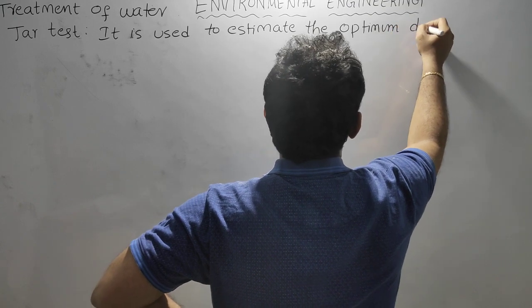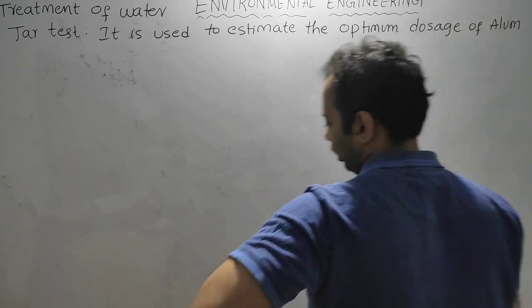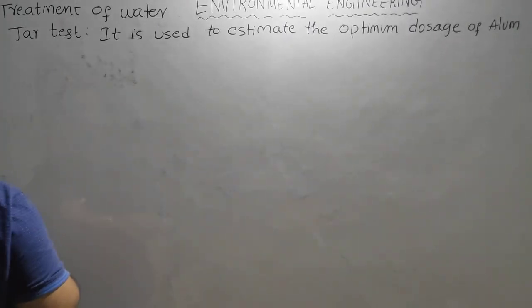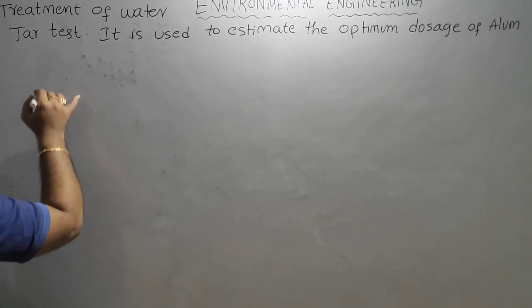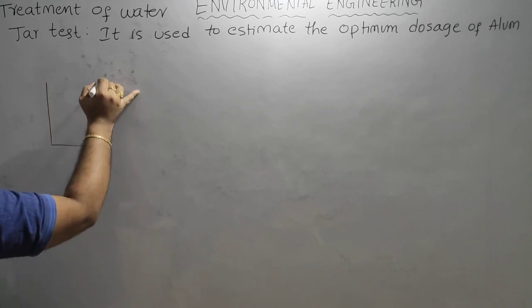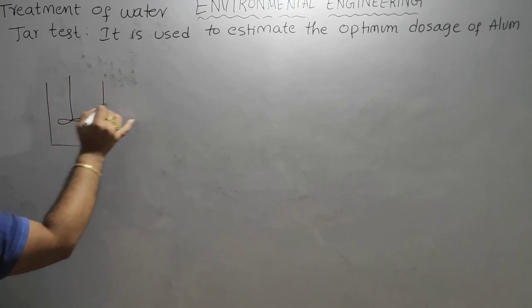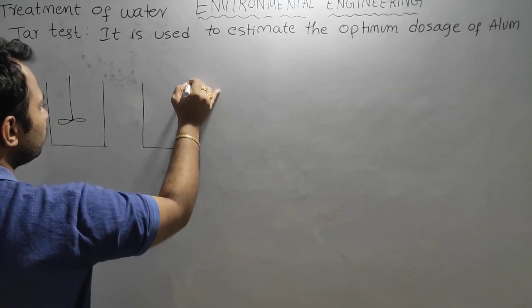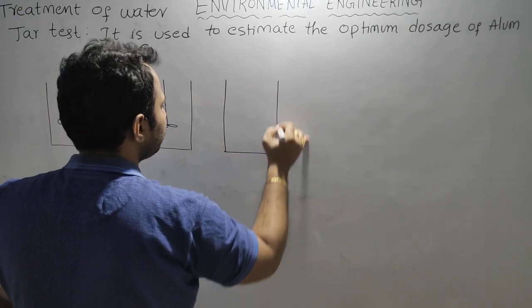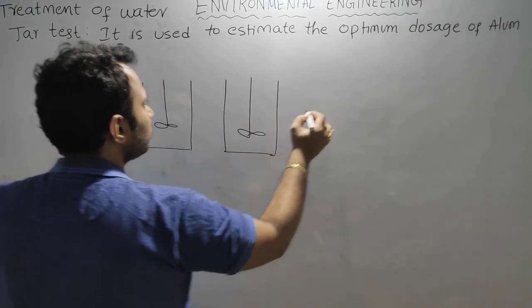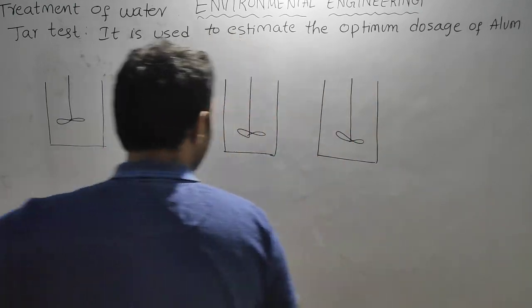See here, we take 4 jars. In each jar there will be paddles. So we take 4 jars like this.